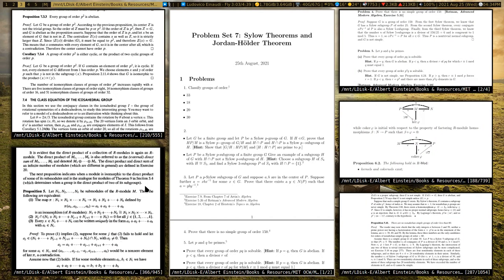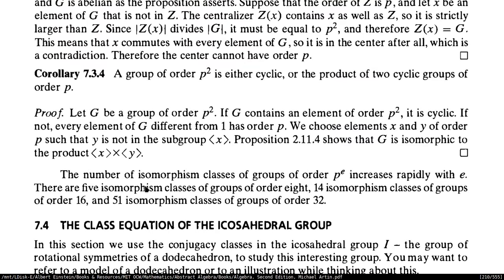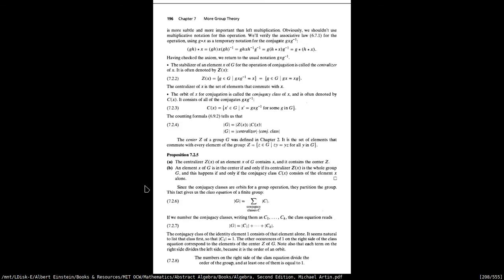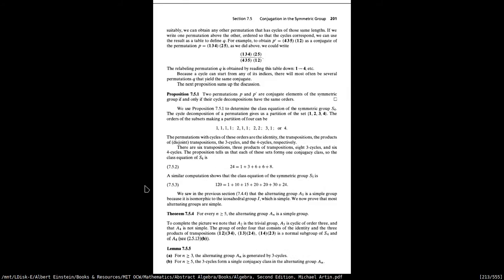Right, so the first problem, you have to classify stuff. So how do you classify stuff? Rothman explains this quite nicely.